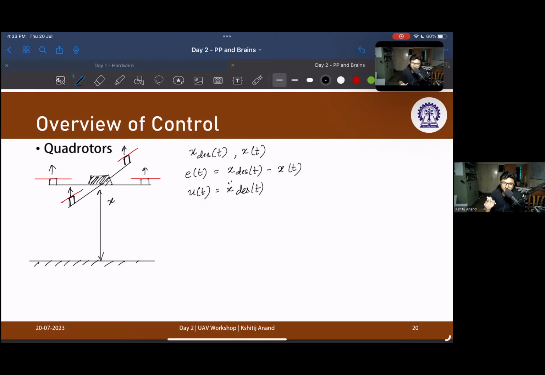So our input is trying to bring it to that desired acceleration, so that it can also match the desired trajectory. Then we have an input term that is the derivative of the error term, and then we have an input term that is proportional to the error term. So this is called the derivative control, and this is called the proportional control.